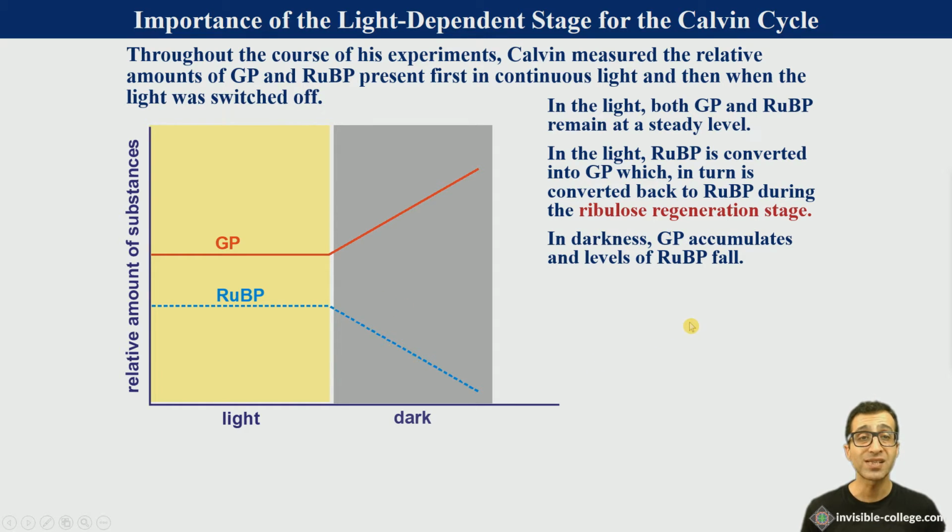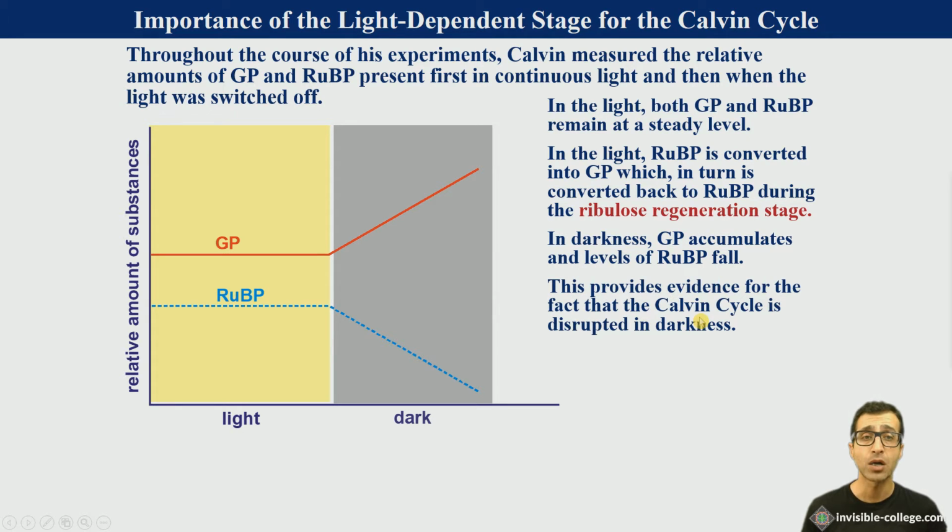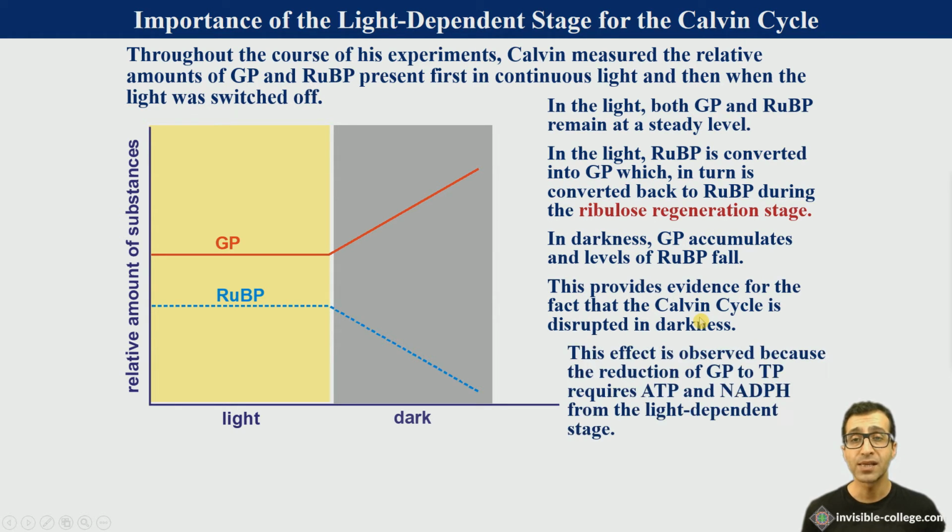Now this again provides evidence for the fact that the Calvin cycle becomes disrupted in complete darkness, and this effect is observed because the reduction of GP to TP again requires ATP and NADPH, which were formed from the light-dependent stage.